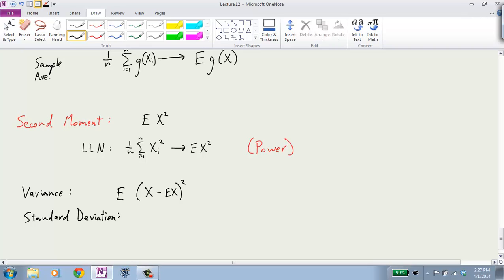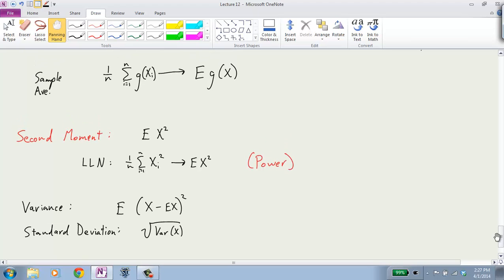If for no other reason, you've probably encountered standard deviations in grade distributions. So this is the square root of the variance of x. In other words, it's the square root of that above equation. It's the RMS value, if you want to think about root mean square of the deviation from the mean. So that's what standard deviation is, and variance is very much related to the second moment. It's just that you removed the mean.